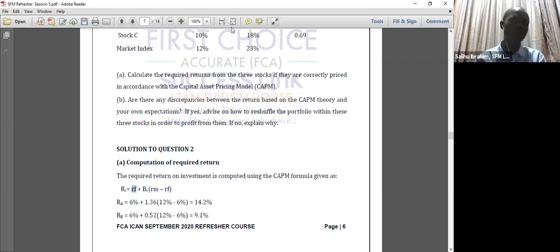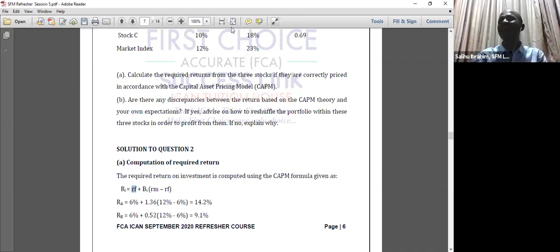I said that when you say required return, it is the investor's desire, the investor's desired return on that particular stock. But when we say expected return, it is the return that is expected based on past performance of that particular stock.